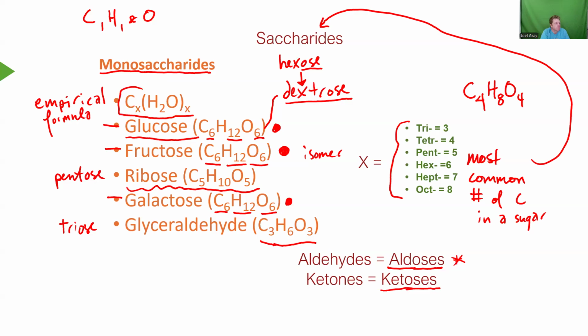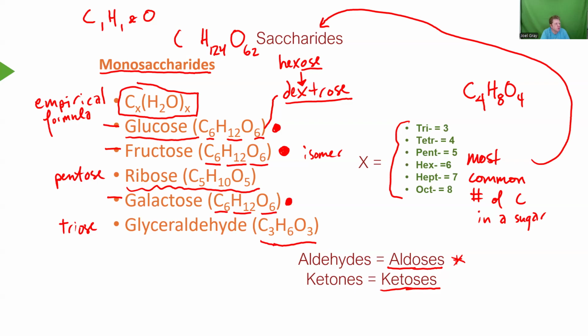Be able to do the calculation where if I said we found a sugar that has 62 carbons, what would the formula be? It would be C62H124O62. Okay, so be able to manipulate that.